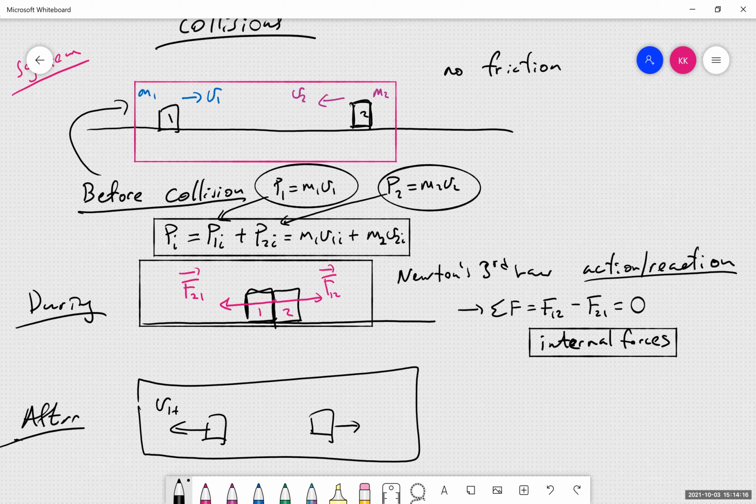Box 2 will start moving to the right, v2 final, because imagine, right? They're moving, they collide, and then bounce back. That means the momentum of 1 after the collision, so I can say final, equals m1 v1 final. Momentum of 2 after the collision will be m2 v2 final.